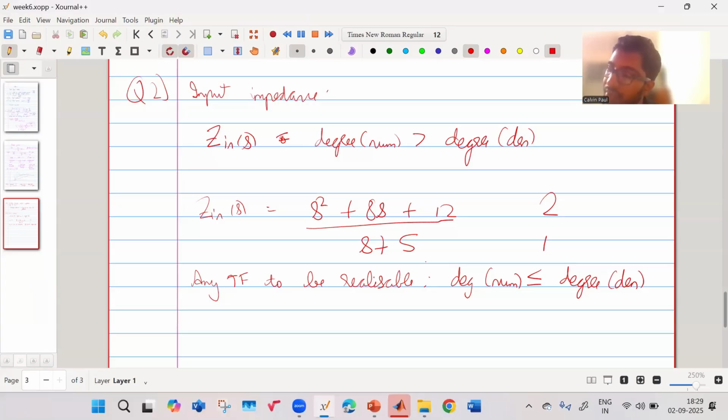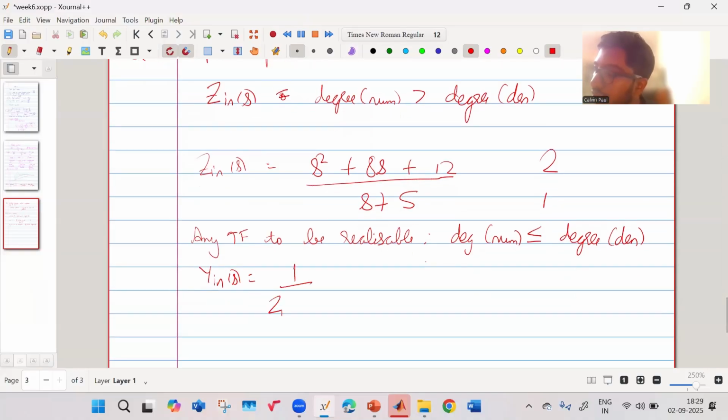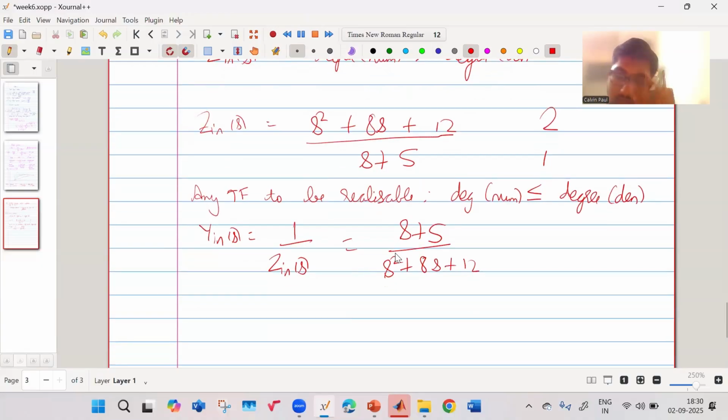Because if you flip it, admittance Yin of s is 1 upon Zin of s, that is s plus 5 upon s square plus 8s plus 12. Such a transfer function is physically realizable.